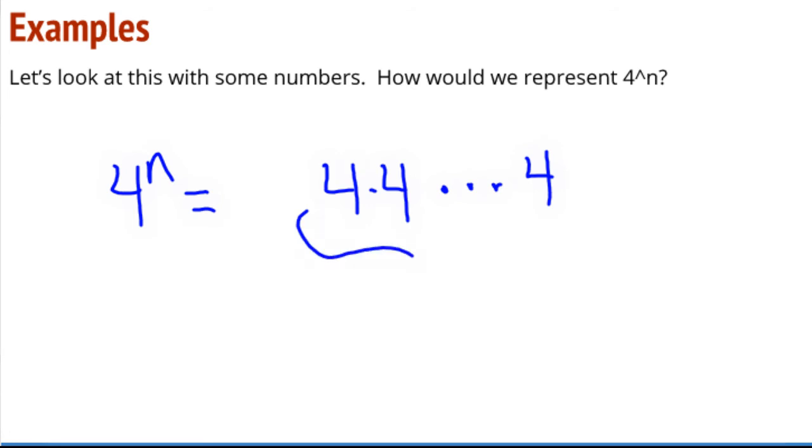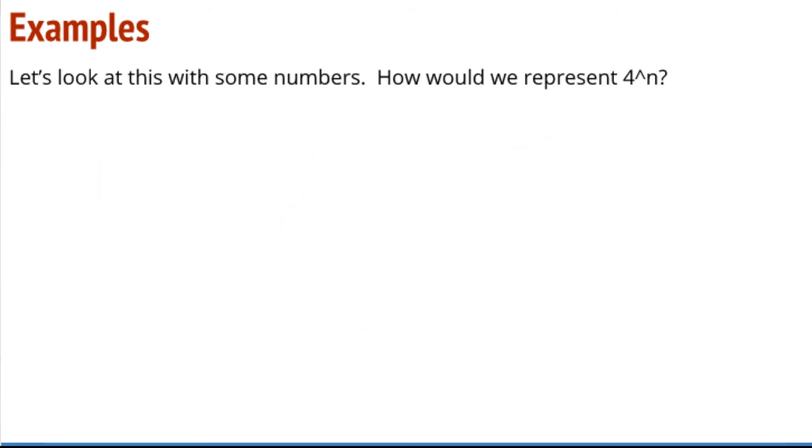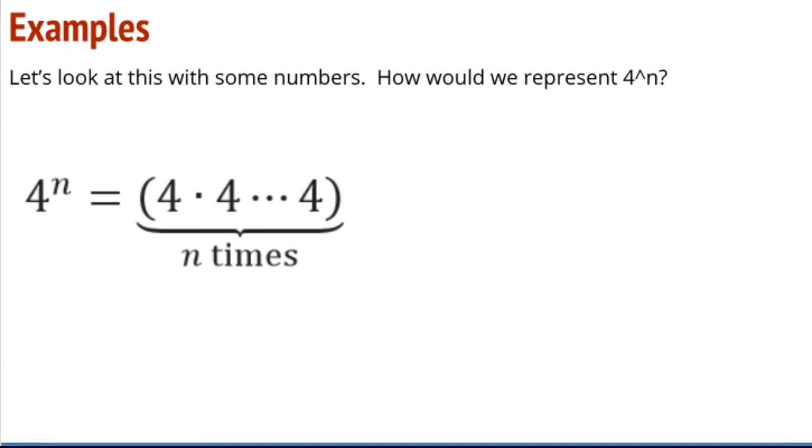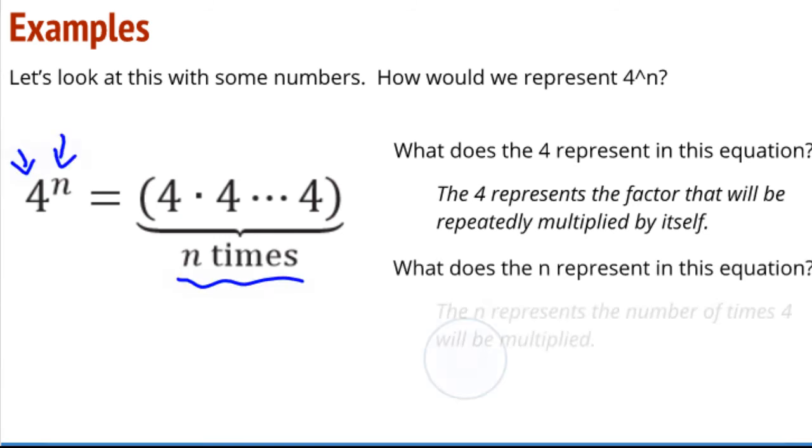And we're going to use the bracket here to say we're going to do this n number of times. So we would repeat this as many times as the exponent is. So picture the same thing right there. So in this case, the 4 is the factor, the number we're multiplying. The n is how many times to multiply.